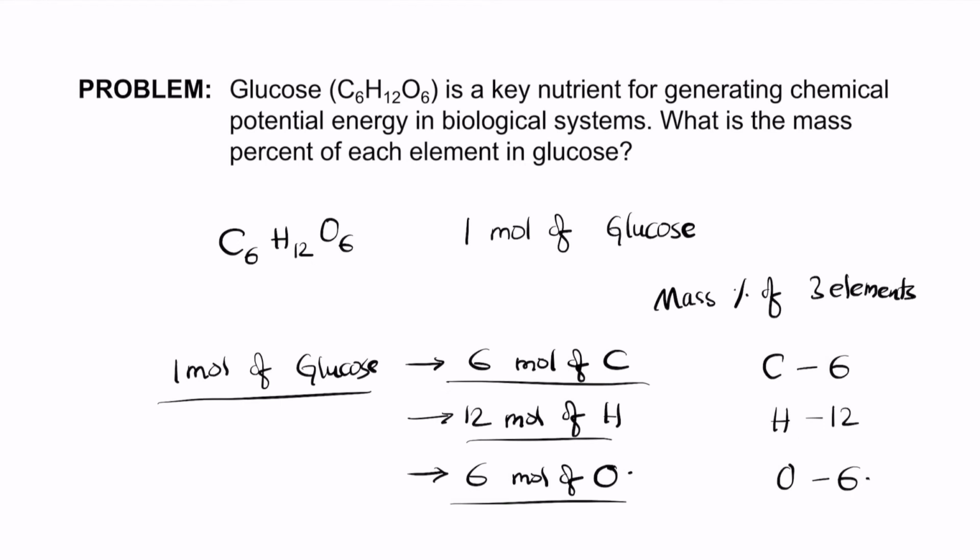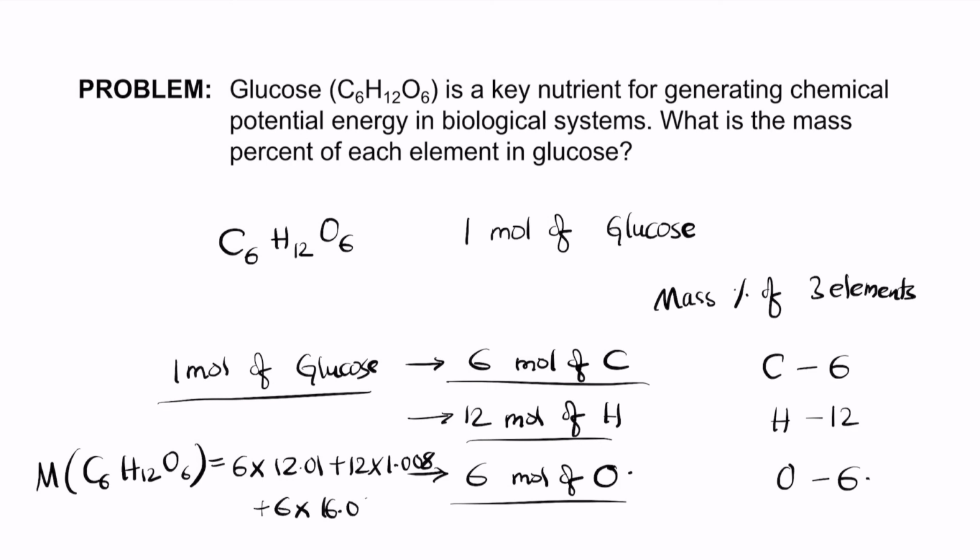So now calculate the molar mass of C6H12O6. The value is 6 times 12.01 plus 12 times 1.008 plus 6 times 16.